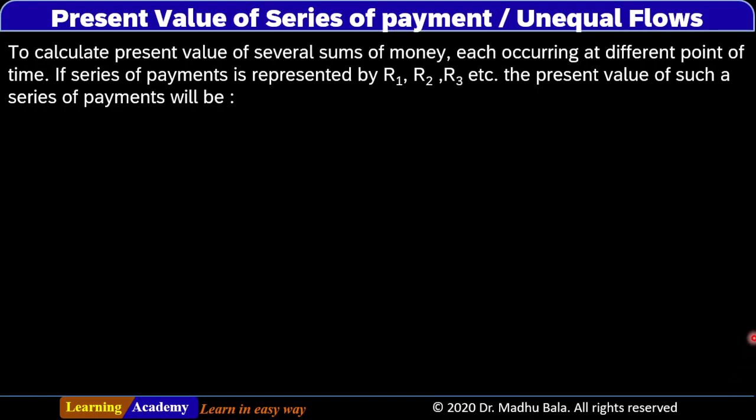So far, we have considered only the present value of a single payment to be received or paid after a certain period. But in many cases, we may have to calculate the present value of several sums of money, each occurring at a different point of time. And if the series of payments is represented by R1, R2, R3, etc.